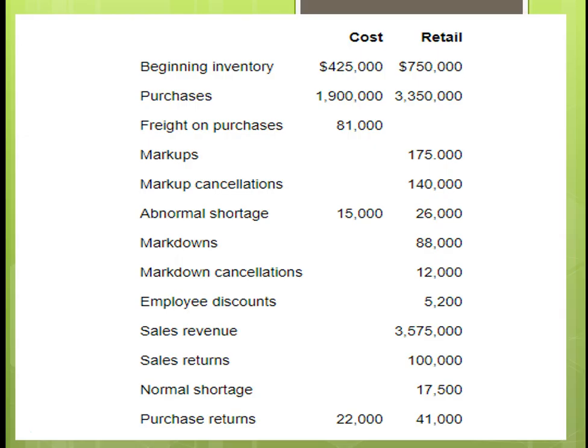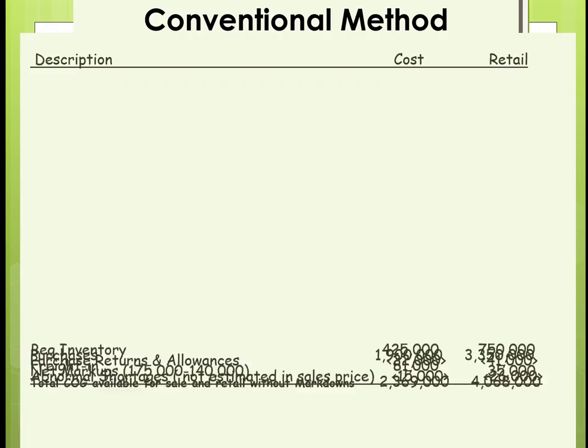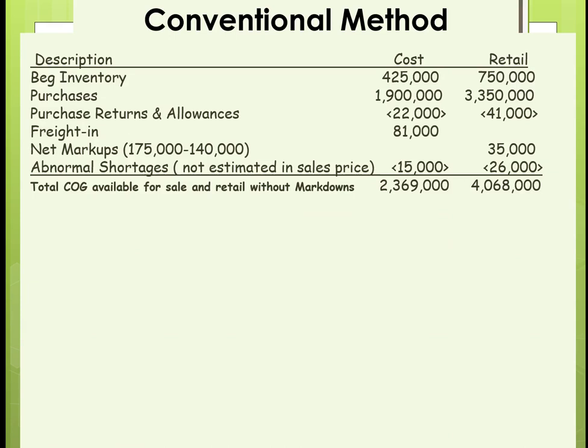Now we're going to do exactly the same problem. Again, we're going to start with beginning inventory, and we're going to add and subtract all these items to get our total cost of goods available for sale without markdowns, and we're going to use that to come up with our percentage of 0.582.